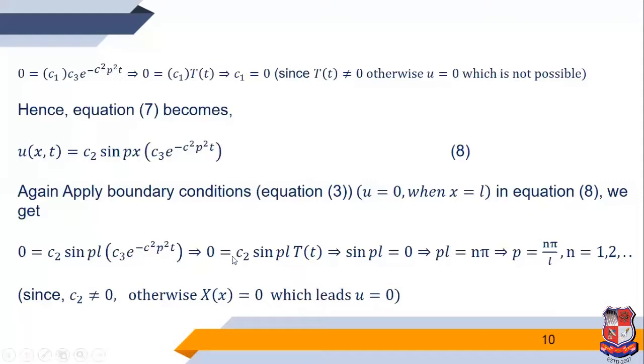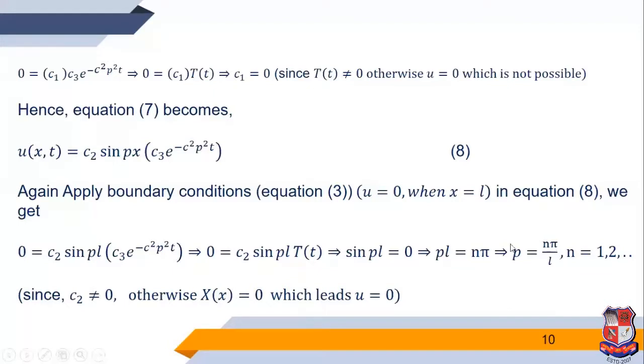Now 0 is equal to C2 sin pL into T of t, where T of t and C2 are not equal to 0, therefore sin pL is 0. Sin pL is 0 means pL is equal to n pi, and therefore p is equal to n pi by L, where n is 1 up to n. So we get p is n pi by L.